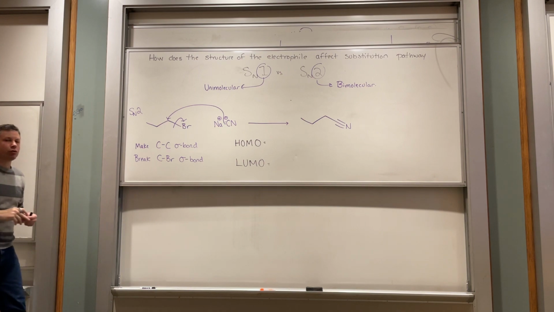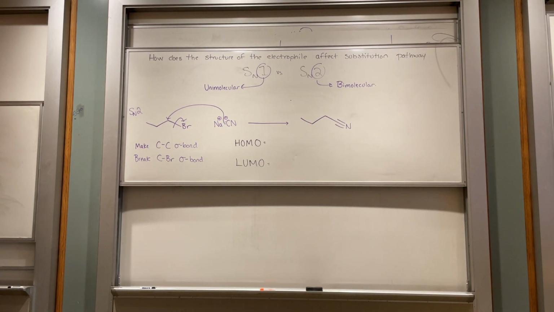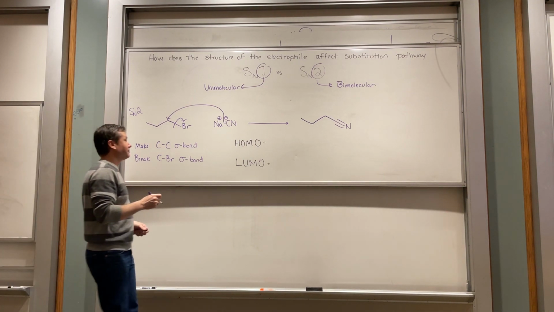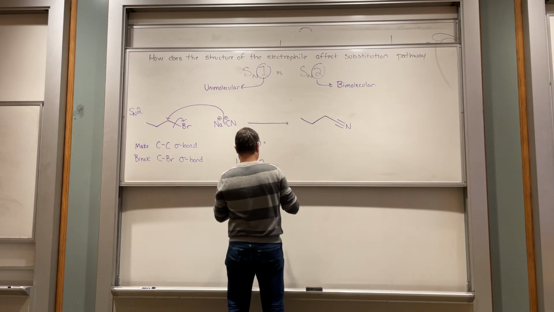In terms of the orbitals that have to interact in order for this to take place, what is the HOMO, what is the LUMO? What orbital is donating electrons, what orbital is accepting electrons? The HOMO would be the sp orbital of the cyanide. Excellent.